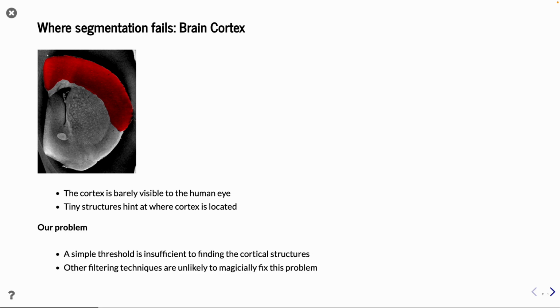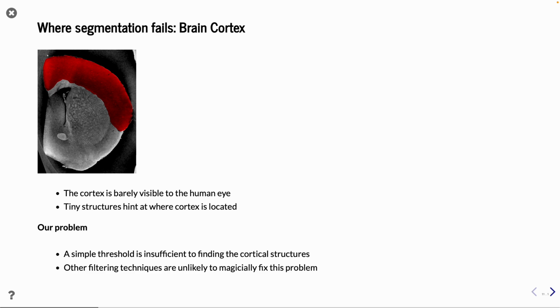Another one is finding the brain cortex, which is barely visible to the human eye. And also there are very tiny structures that hint at where this cortex is. So now a simple threshold would not be sufficient to be able to find it. We need to do some smarter things.